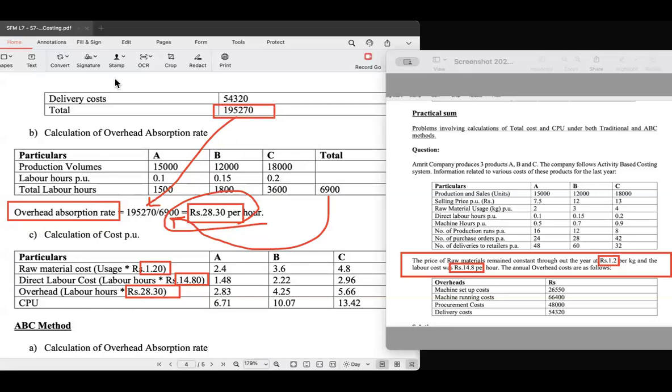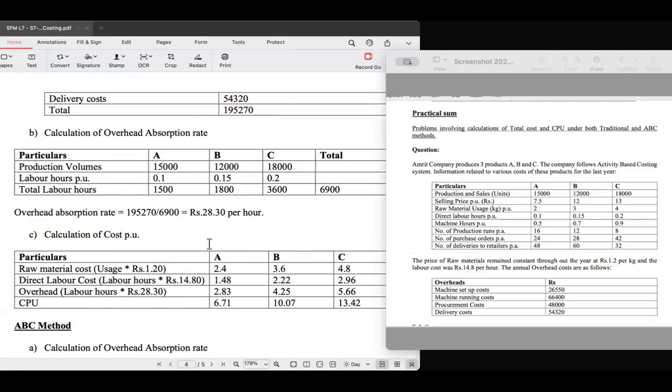Everyone calculate. So I'm going to list down usage. For product A, I'm going to delete everything, okay? Usage for product A, it is 2 into, let me use a different color.